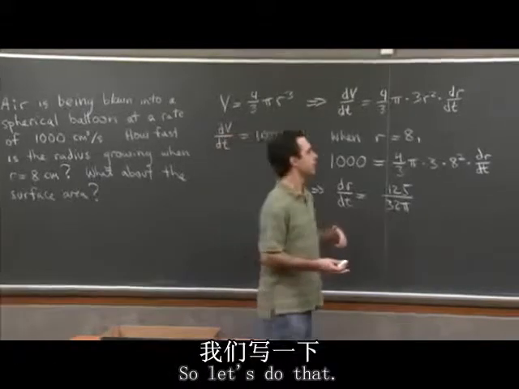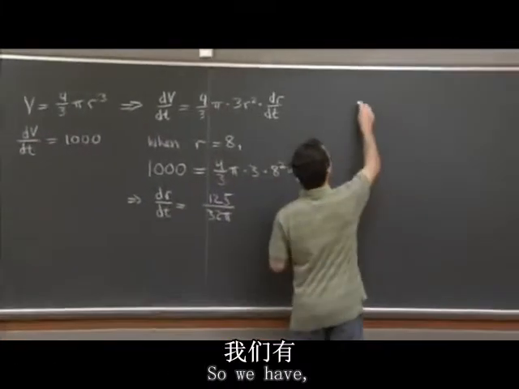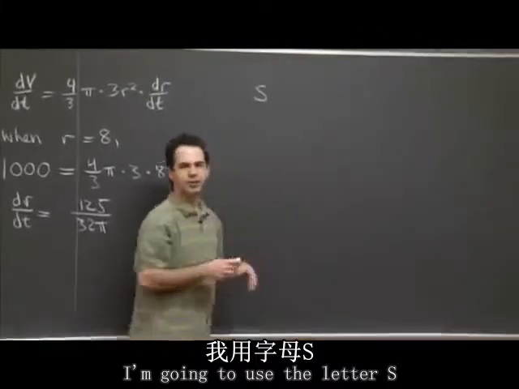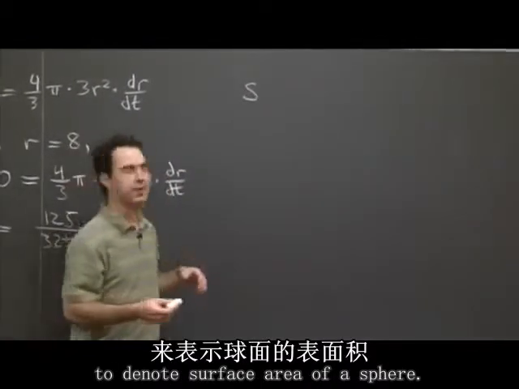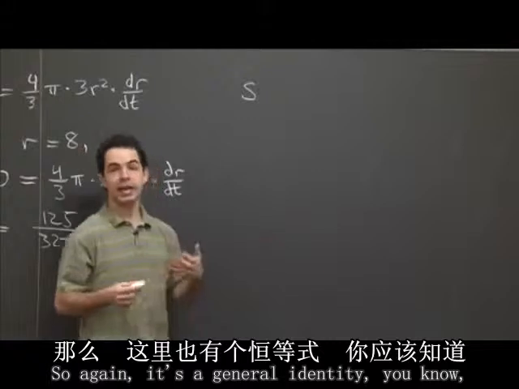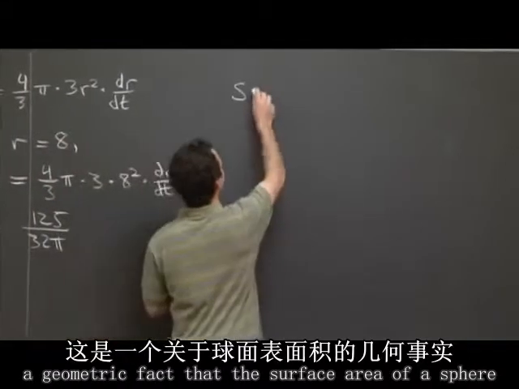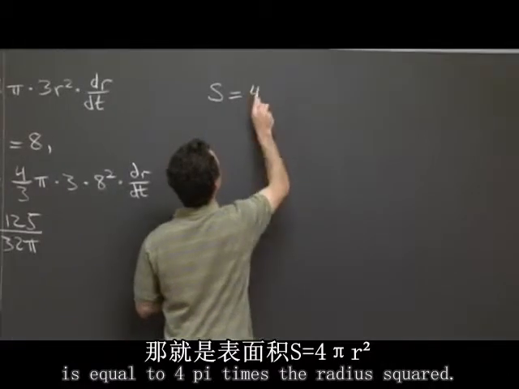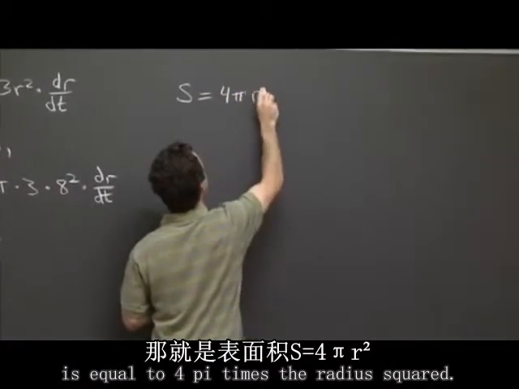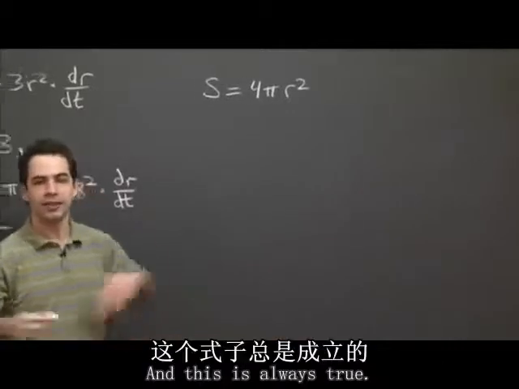I'm going to use the letter S to denote surface area of a sphere. It's a general geometric fact that the surface area of a sphere is equal to 4 pi times the radius squared. And this is always true.